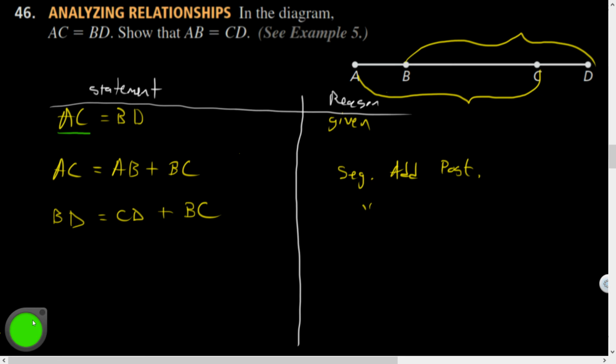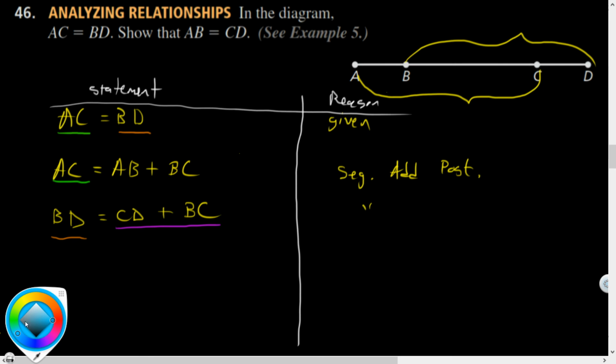AC is equal to BD. BD is equal to CD plus BC. All right, so I could end up saying that these two things are going to be equal. However, even more so, I know that AC is equal to AB plus BC.